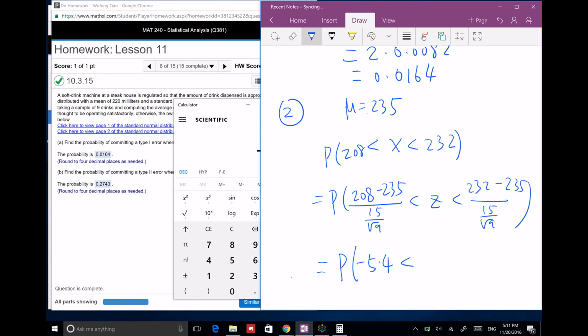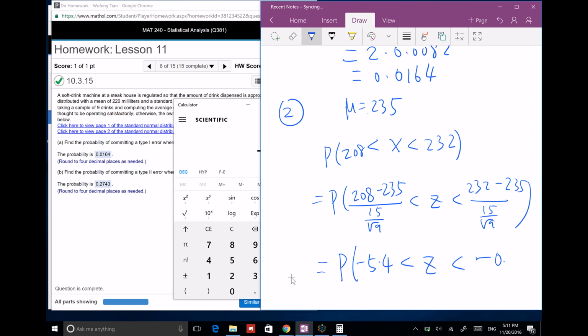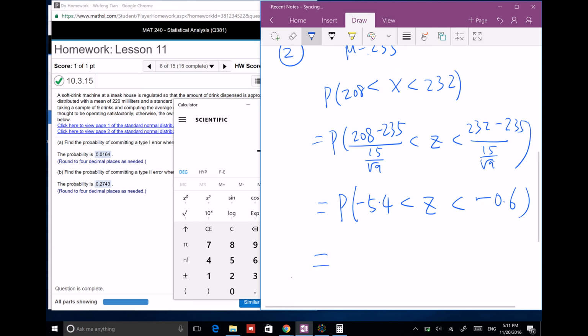This is a very small 0.0000. Then 232 minus 235, divided by sigma 5, is negative 0.6. So basically the probability is the probability of Z less than negative 0.6 minus the probability of Z less than the negative lower value.